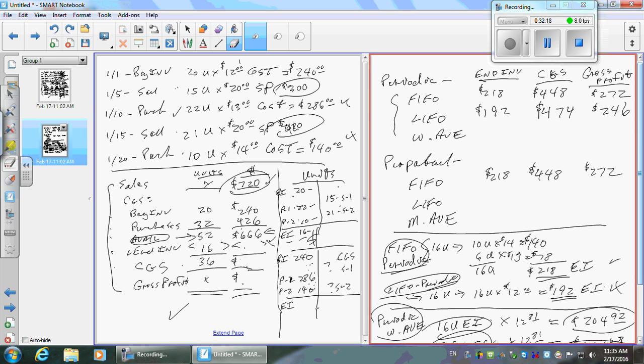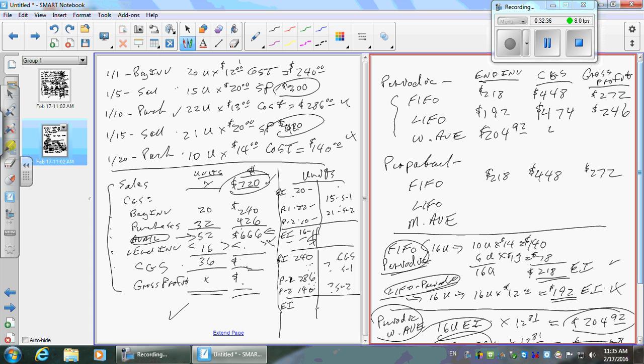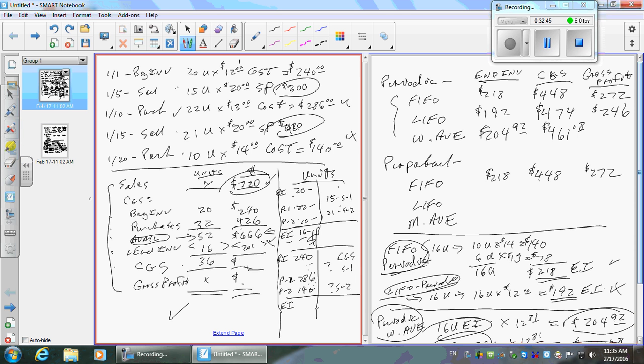Running out of space. Okay. What did I say? 204.92, and then we said that our cost of goods sold is 461.08. See if these are going to work. Let's put the 204.92 in. Take 204.92 away from 666, and what do you get for the cost of goods sold? 461.08. It's a miracle.